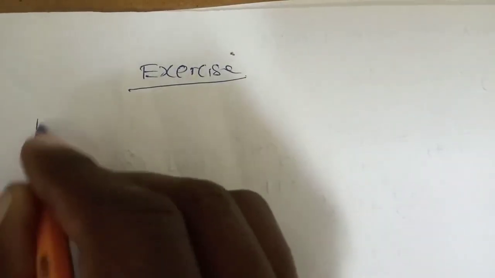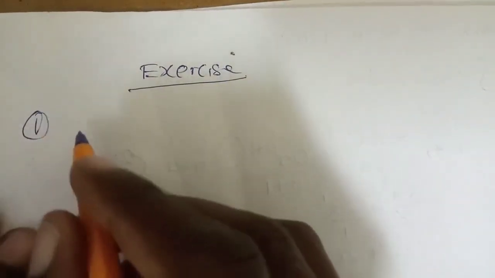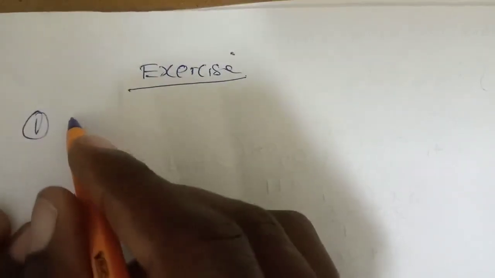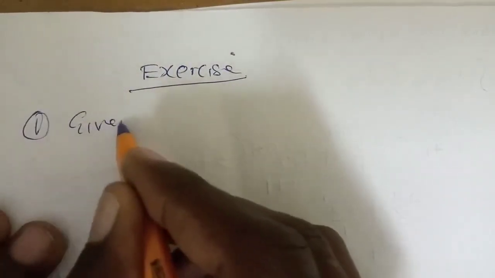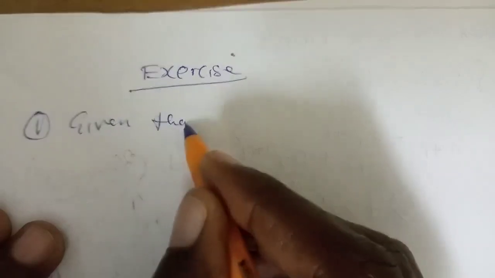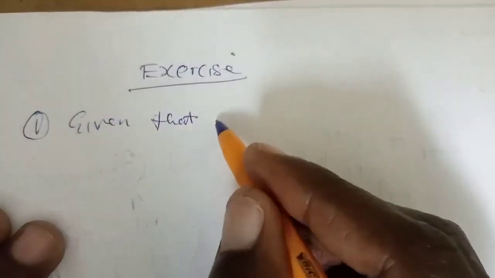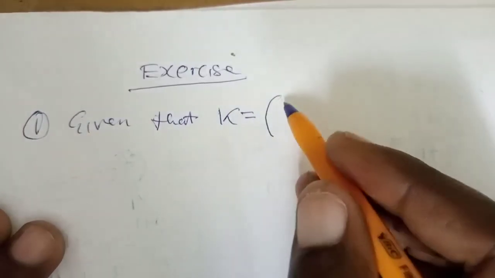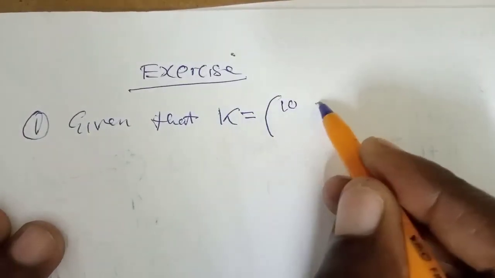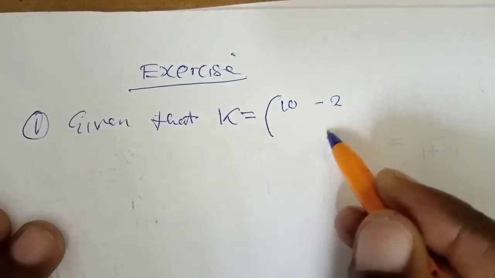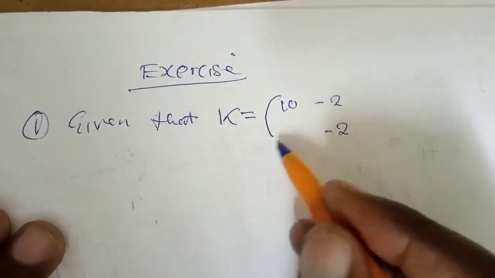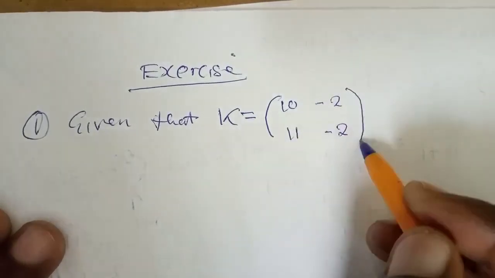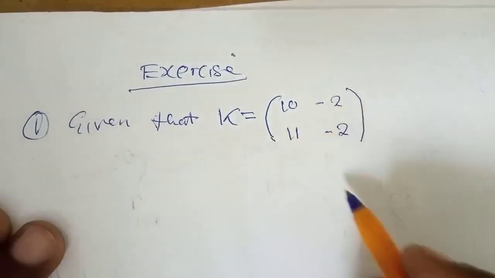So they are saying, question 1: given that K is equal to the matrix with 10, -2 in the first row and -2, 11 in the second row. So this question came in the paper.